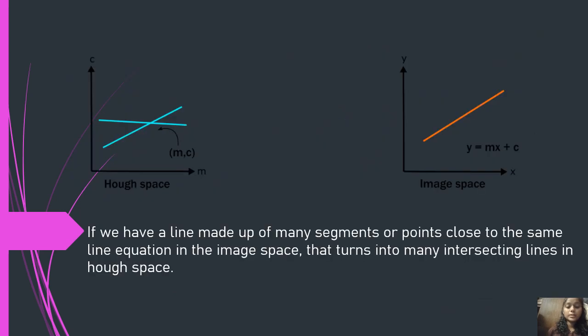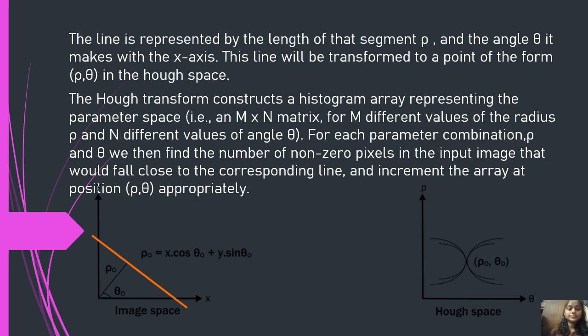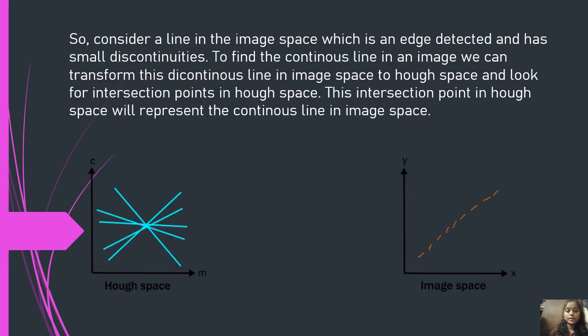If we have a line which is made up of many segments or points close to the same line equation in the image space, that turns into many intersecting lines in Hough space. We can see the difference here, that is the Hough space and the image space, which we saw in the earlier slide.